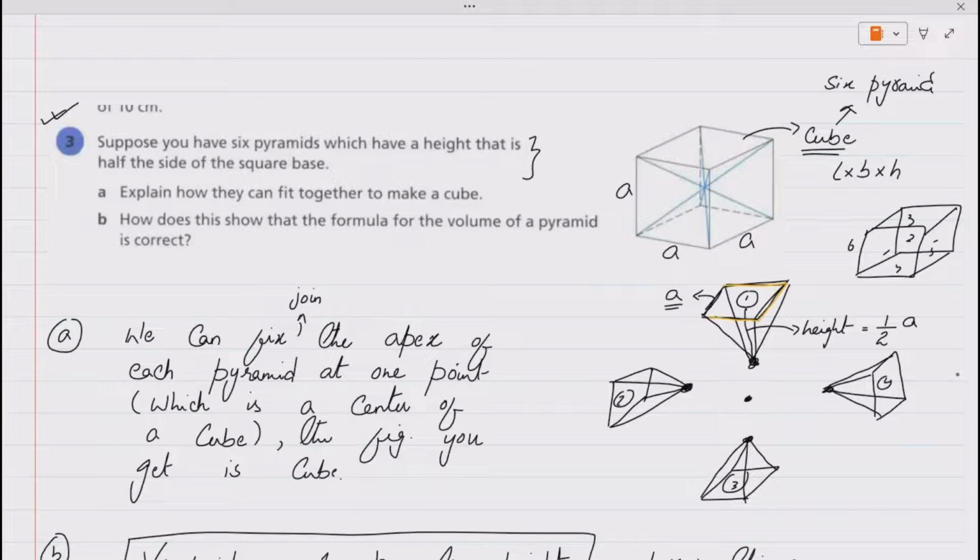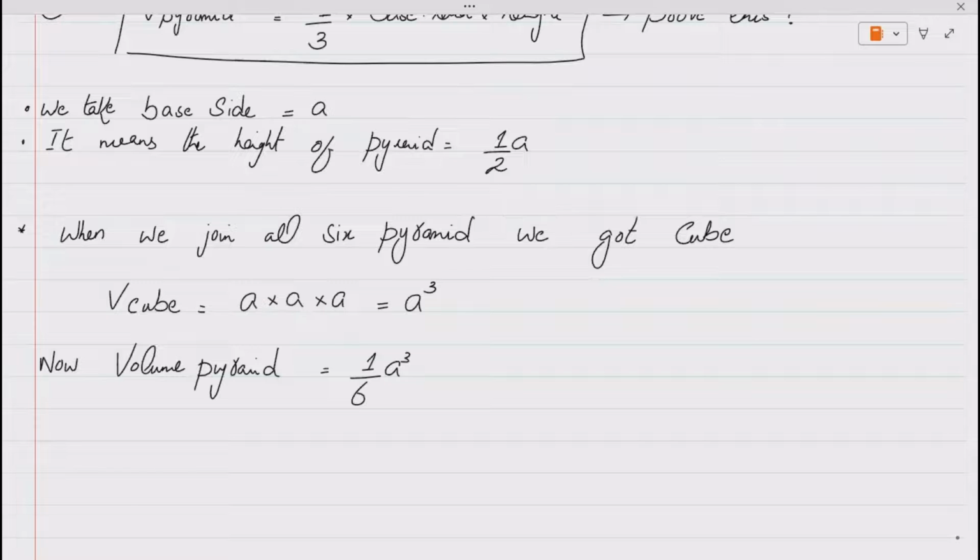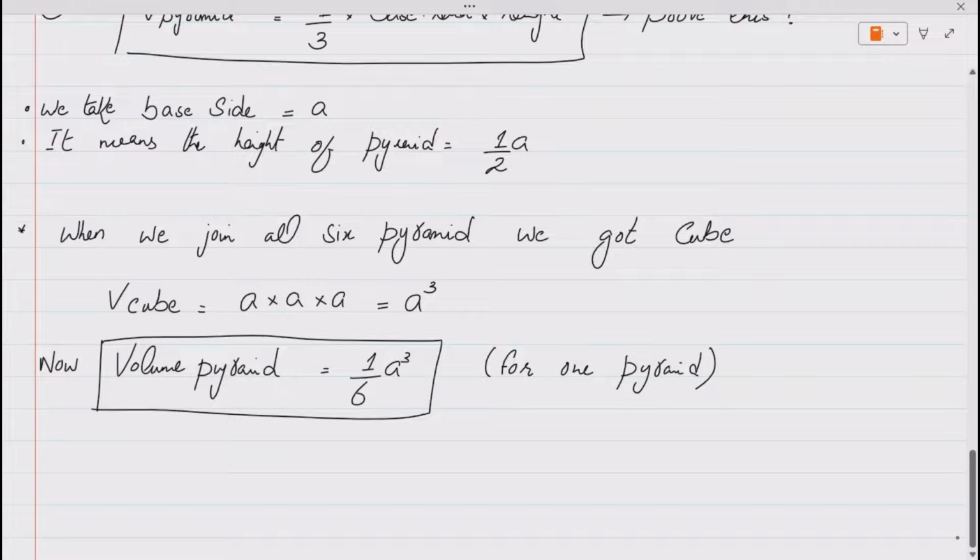So when I divide the volume of this cube by 6, I get the volume of one pyramid. So now volume of a pyramid is 1 upon 6 A cube, right? So this is actually the volume of a pyramid, which is 1 upon 6 A cube.